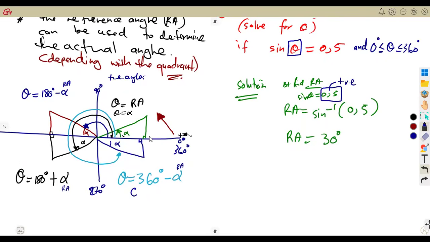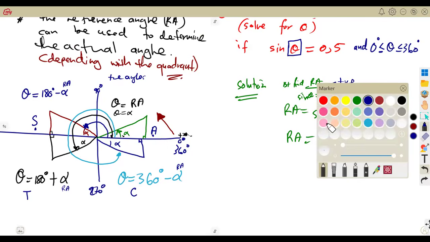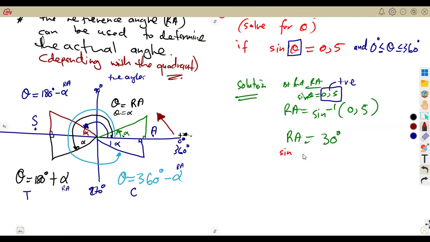We are back to the CAST concept. Using CAST, sine is positive in the first quadrant, and in the second quadrant, for S. So sine is positive in the first and second quadrants.